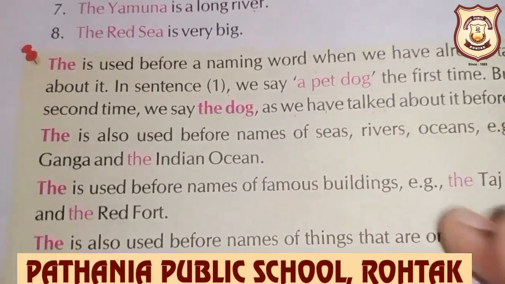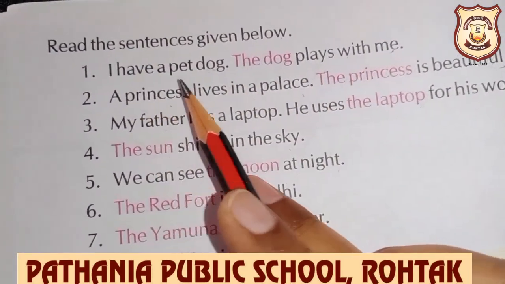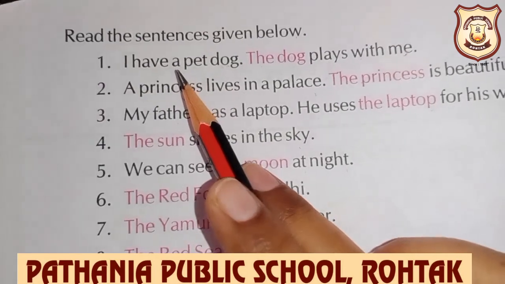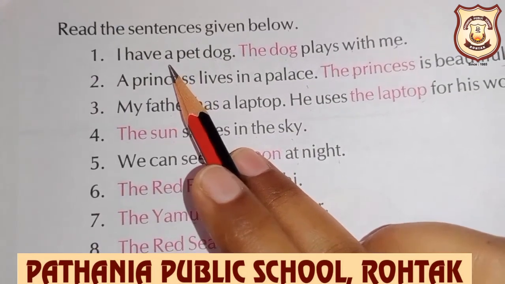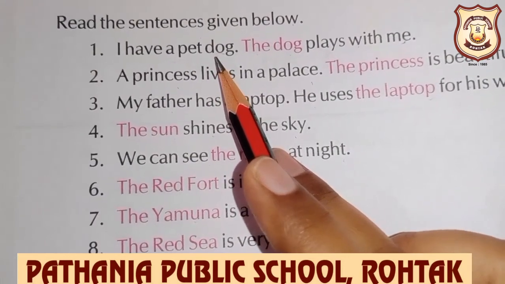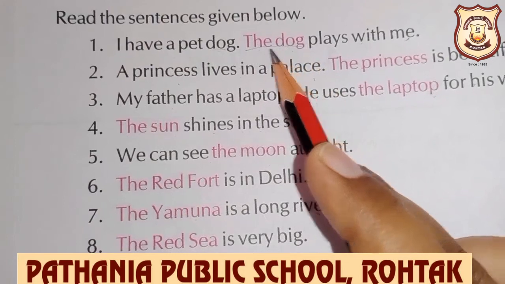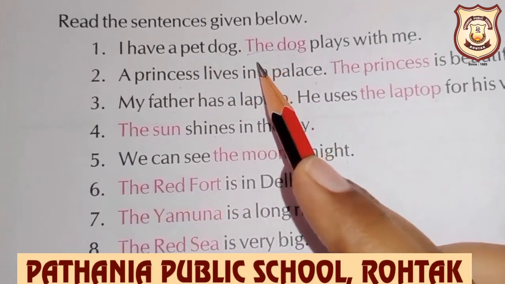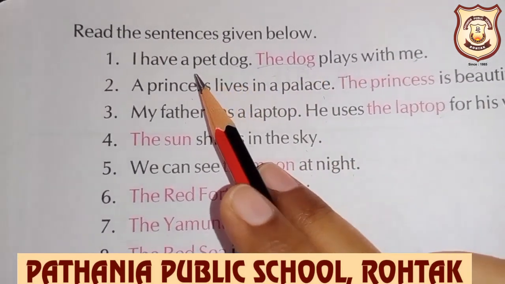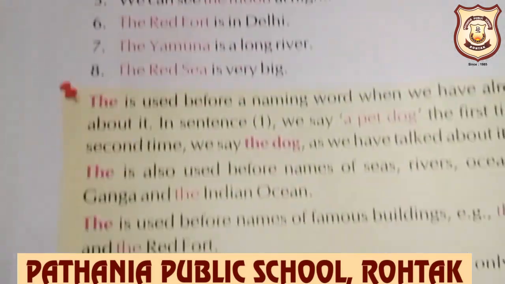about it before. As you can see in sentence 1, I have a pet dog. First time we used a pet dog, but when we talk about this dog again, we use the dog, because here we are talking about this dog again.